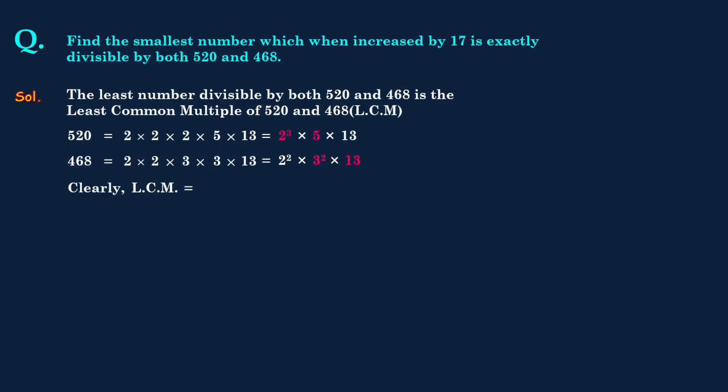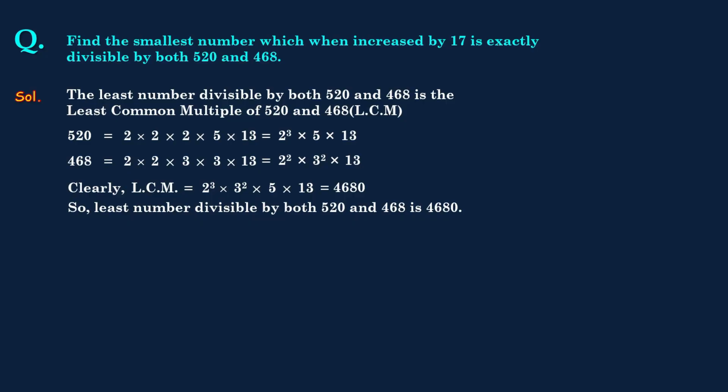So, we take 3 factors of 2, 2 factors of 3, 1 factor of 5, and 1 factor of 13. Multiplying these gives 4680. So, the smallest number that is exactly divisible by both 520 and 468 is 4680.